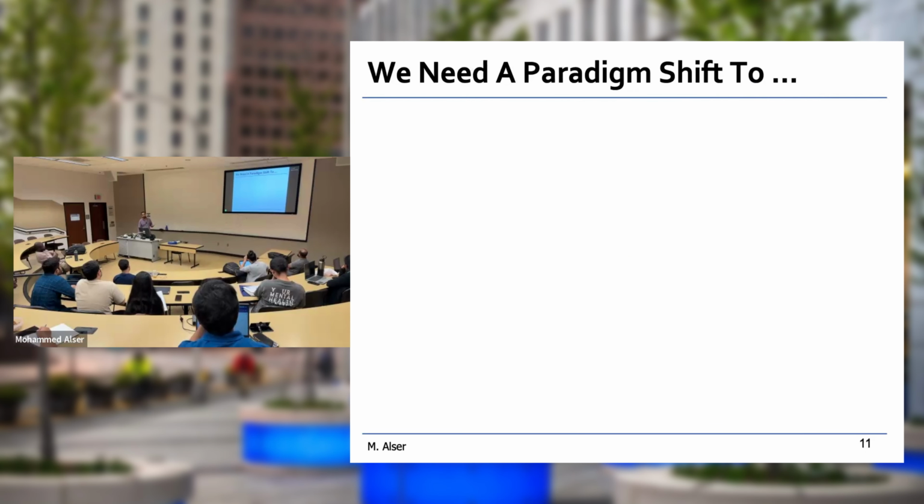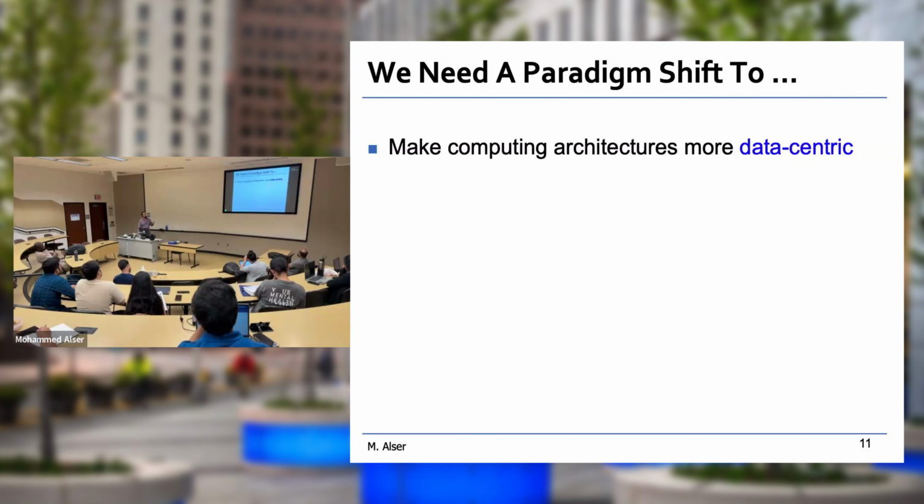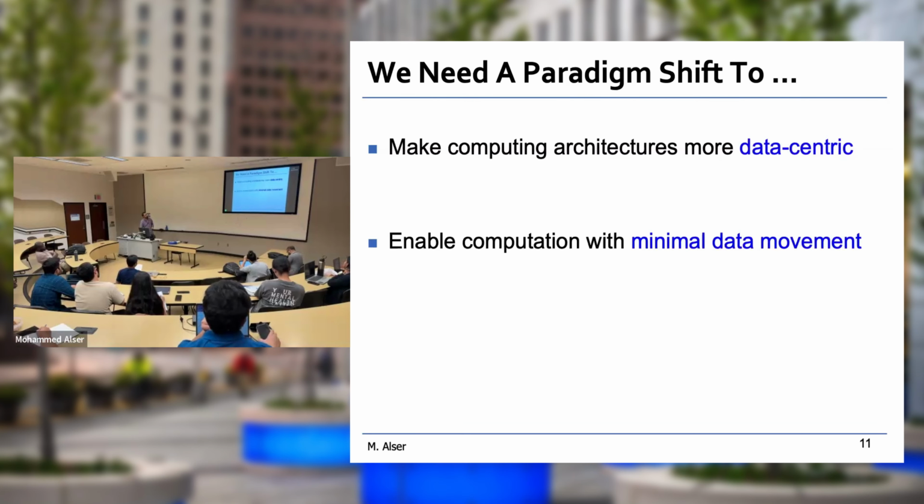So we really need a paradigm shift, making the computing architecture more data-centric rather than compute-centric. Everyone used to obey the order of the processor, but now the memory is dictating the system. So everyone should obey the order of the memory itself, and the CPU sends whatever processing power to the memory itself to enable that. And that's what we call data-centric.